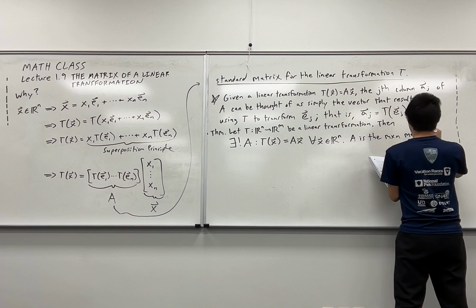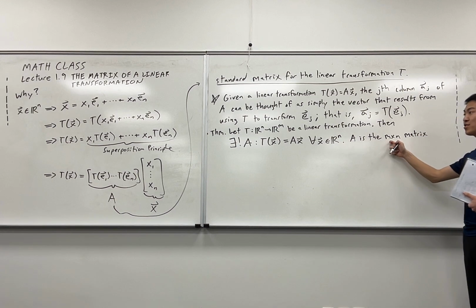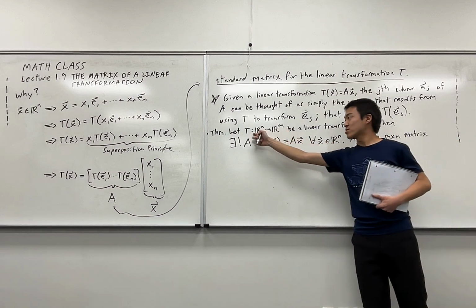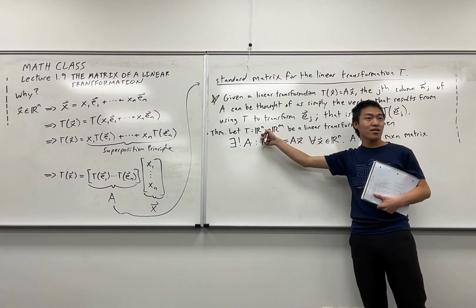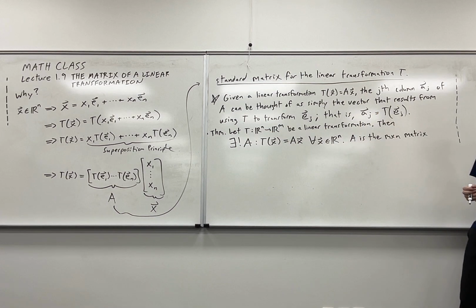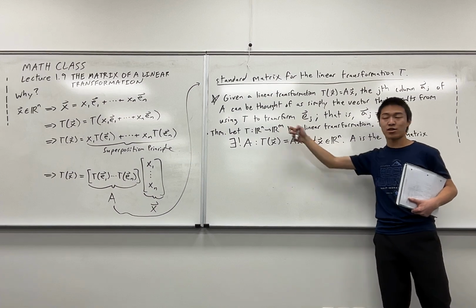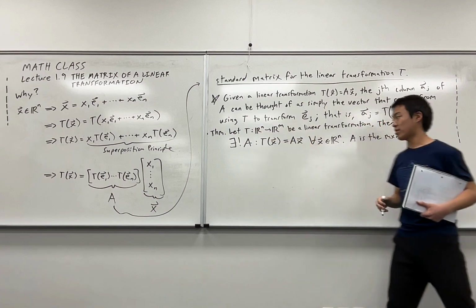And how do I know that it's an m by n matrix? Where am I getting this information from? How many rows? M rows. The rows come from the second one, and the columns come from the first one.